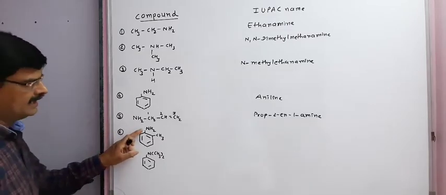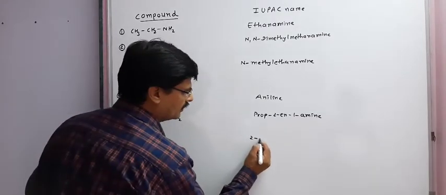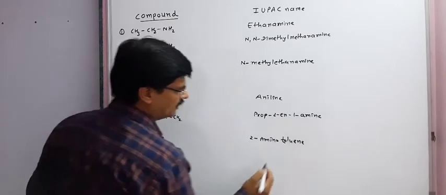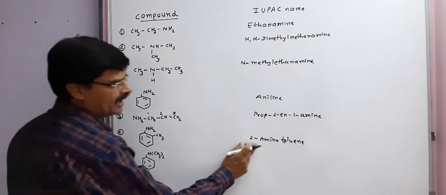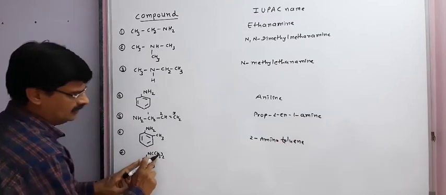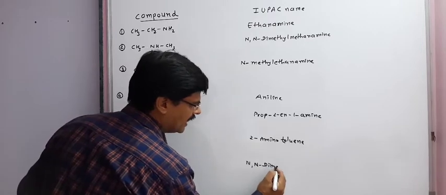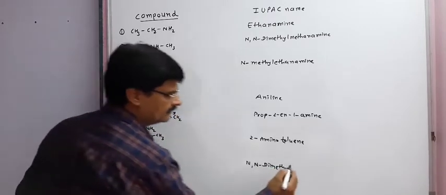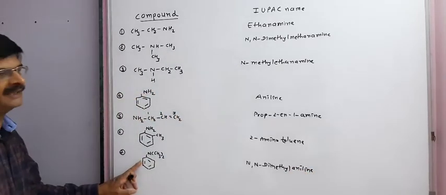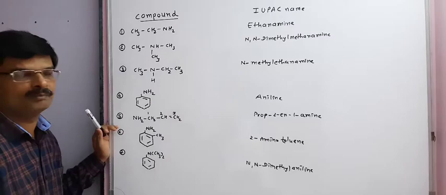Now aniline but with CH3. First of all we consider NH2, so 2-amino toluene. The IUPAC name of this compound will be 2-amino toluene. Observe, we have CH3 two times. So N,N-dimethyl aniline, or benzenamine also we can say. So this way we can give IUPAC names to different amine compounds.